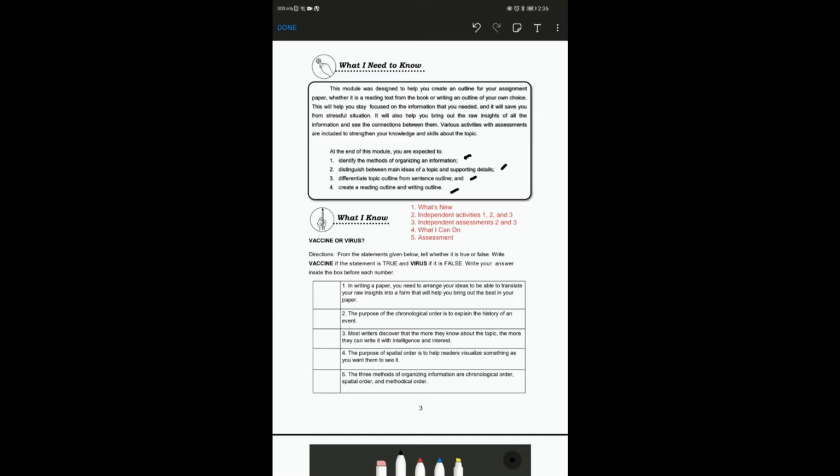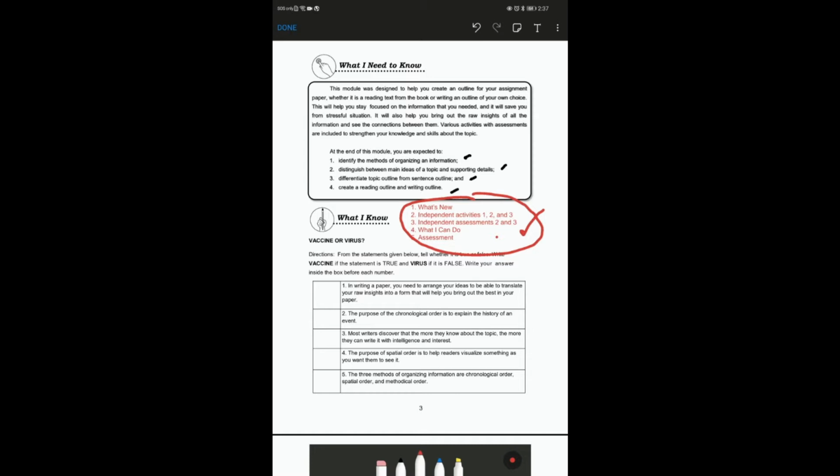Okay, so as we continue, guys, I want you to look at this. I've already written here the activities you need to accomplish for this module. So for our fifth module, the things you need to do are: first, what's new; second, independent activities 1, 2, and 3; third, independent assessments 2 and 3; fourth, what I can do; and fifth, assessment.